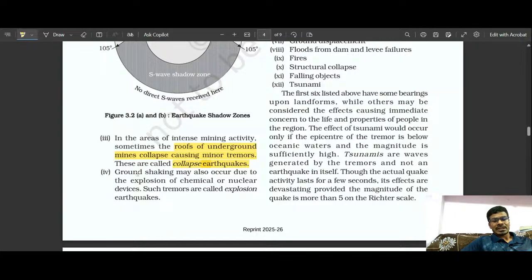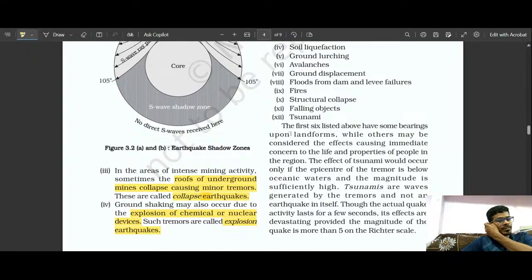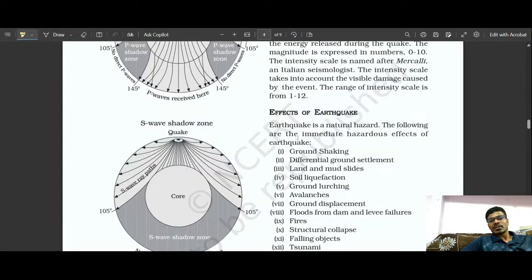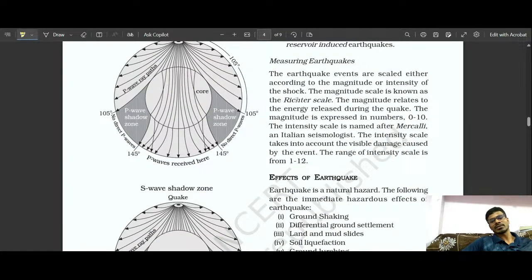Another one is ground shaking that may also occur due to the explosion of chemical or nuclear devices. We also know this kind because nowadays this is happening, like North Korea and some other countries trying to show that they are nuclear powers.